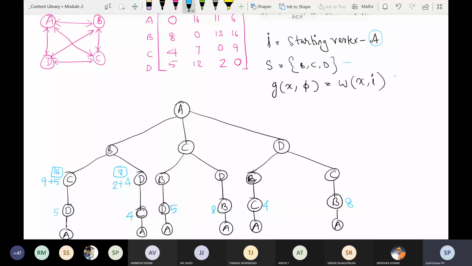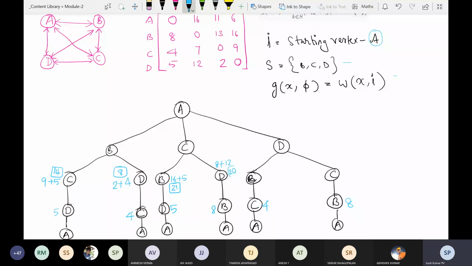So 16 plus 5 is equal to 21 is the cost from B to A. And D to A, what is that? Here we already have 8 and D to B is 12. So it is equal to 20.